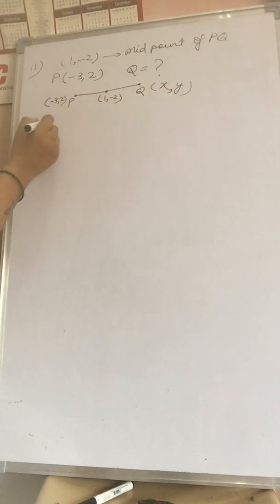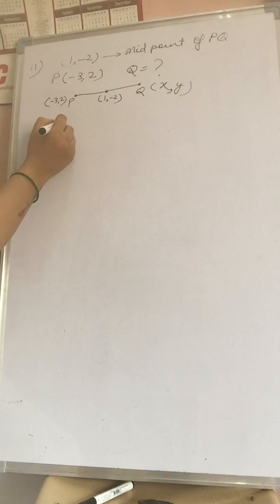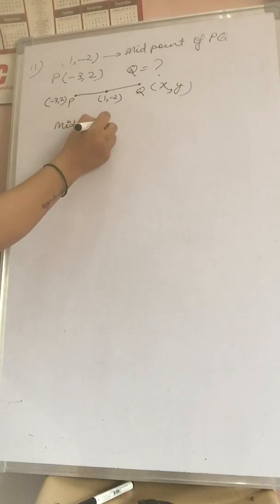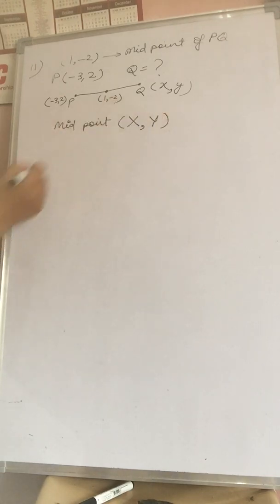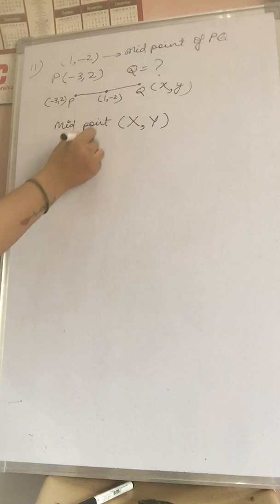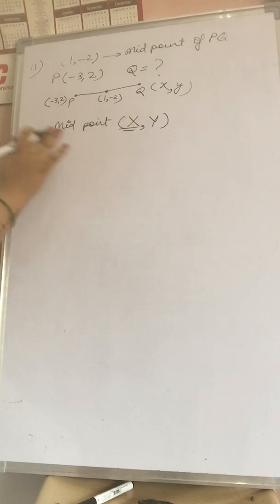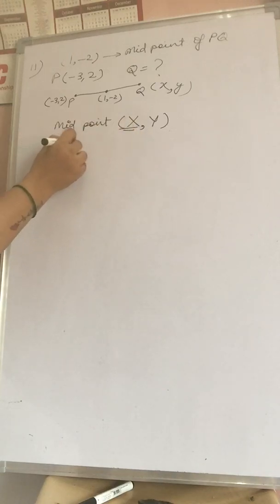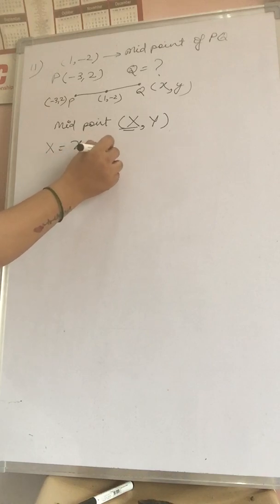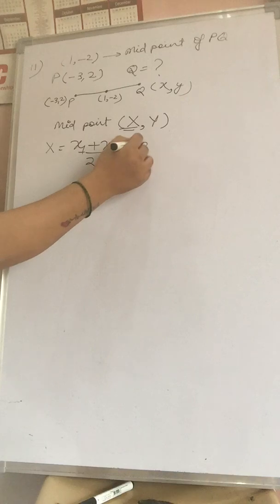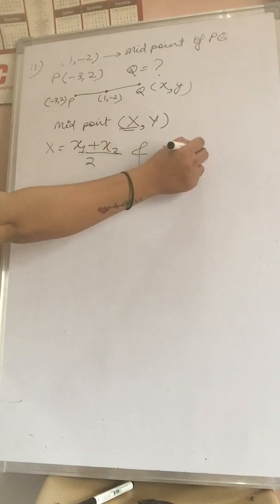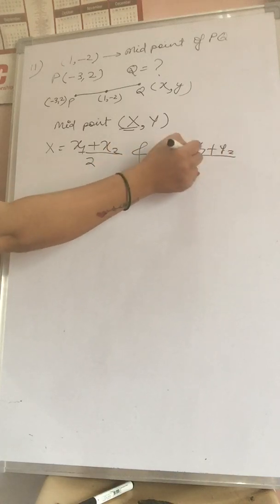As we all know the midpoint is capital X, comma capital Y. How do we apply the formula? Capital X is x1 plus x2 by 2 and capital Y is equal to y1 plus y2 by 2.